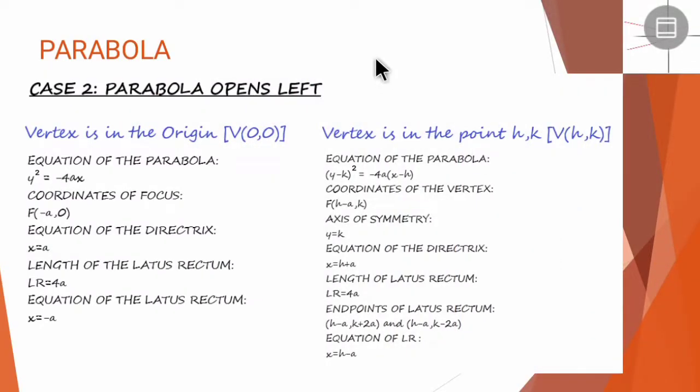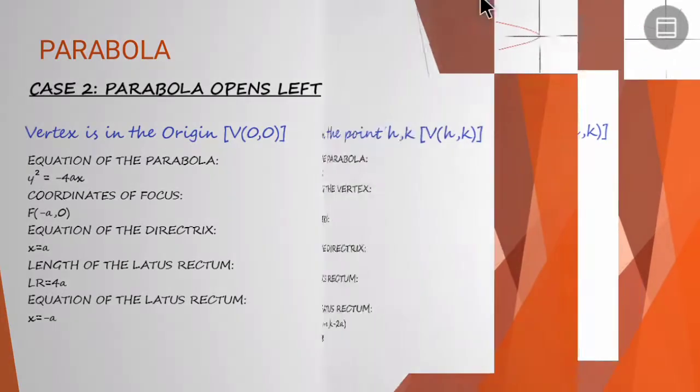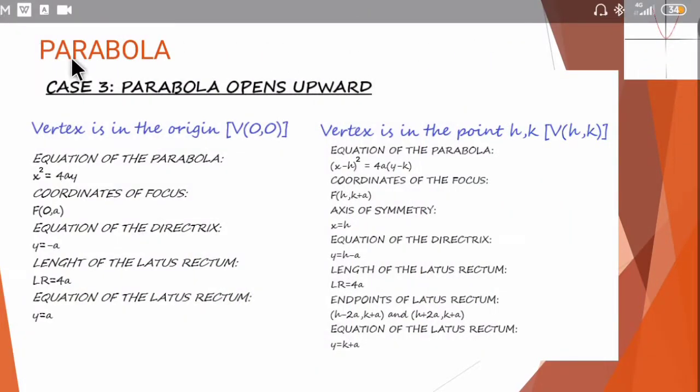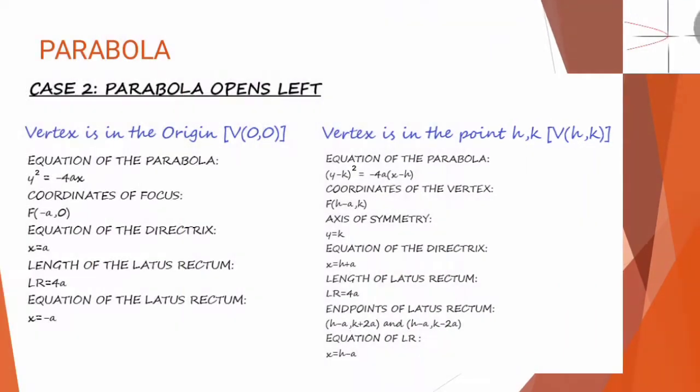Case 2: the parabola opens left. Now you can see the graph of the left parabola. The equation of the parabola is y squared equals negative 4ax, since its focus is on the negative x-axis.